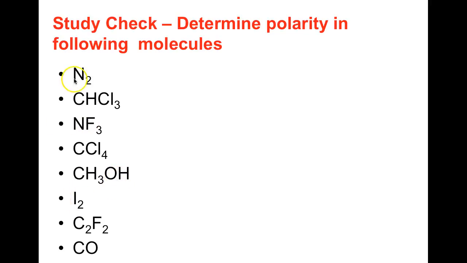I2, when you have the same type of element making up the bond, is nonpolar. C2F2, there is going to be bond polarity between the carbon and fluorine. Now, C2F2 will have a structure with two carbons in the middle and two fluorines, and it's going to be kind of linear in structure.